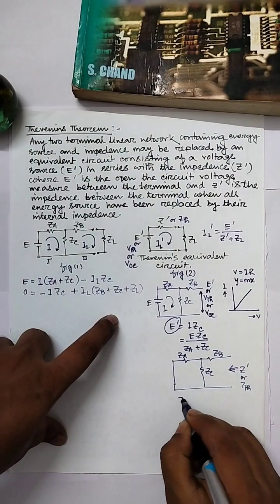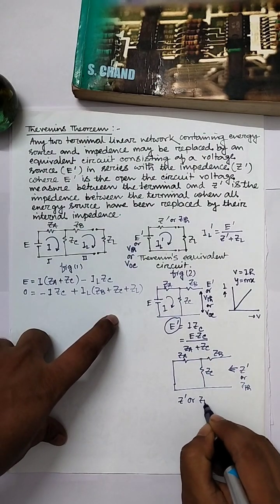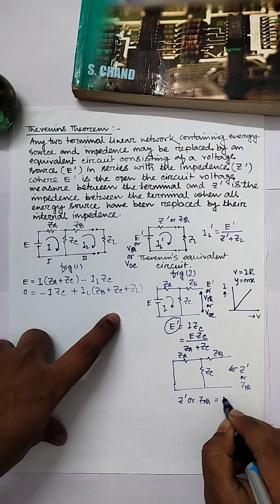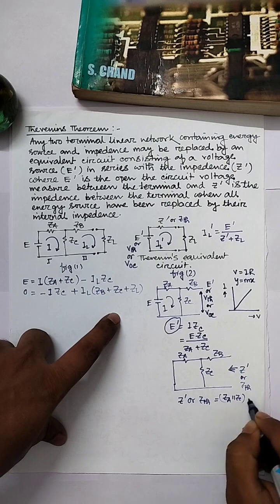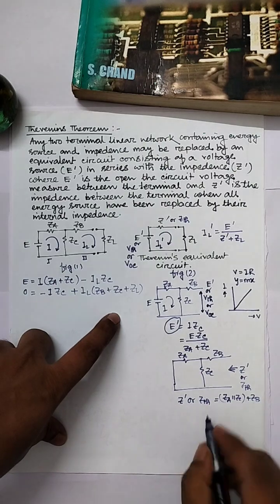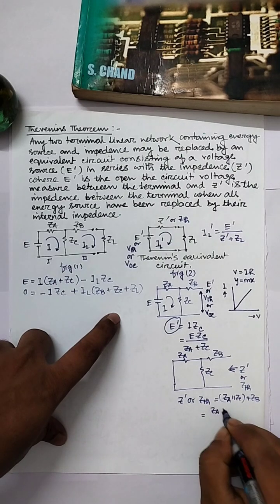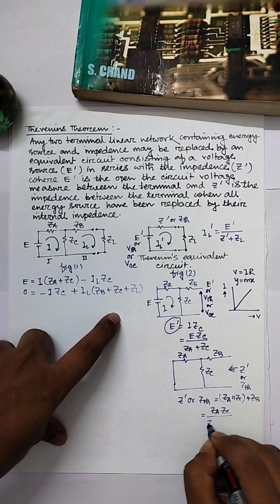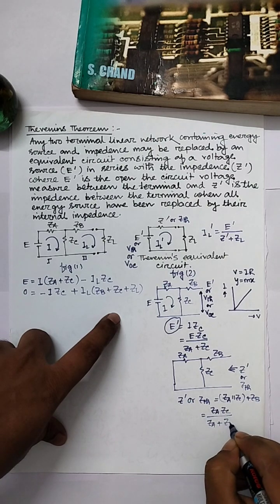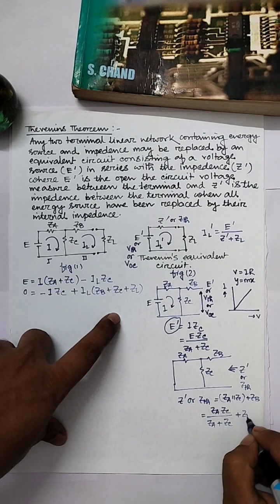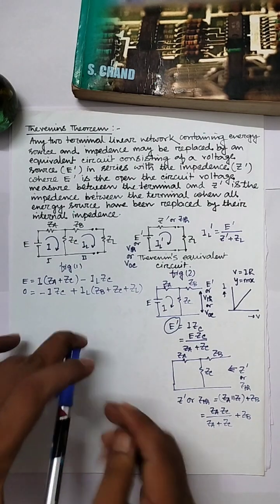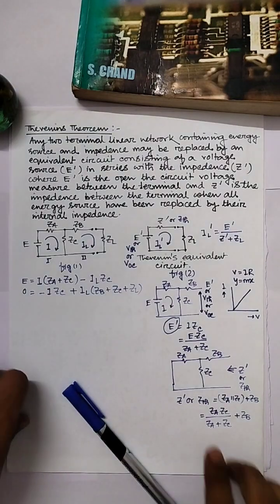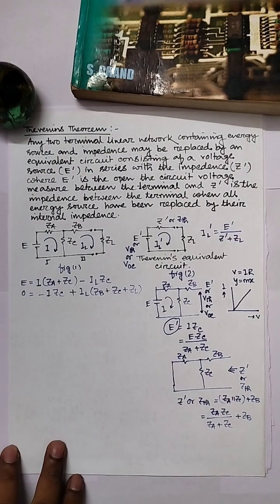So Z dash or ZTH is equal to ZA parallel ZC in series ZB. So ZA ZC by ZA plus ZC plus ZB. So this is the equivalent resistance or Thevenin equivalent resistance.